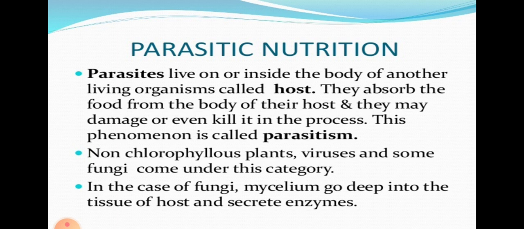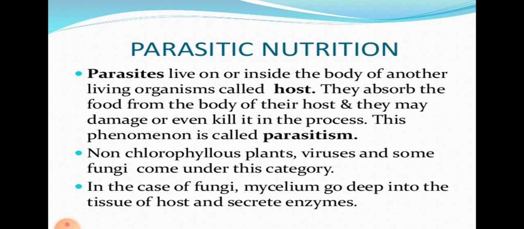Those non-green plants which obtain their food from the living bodies of other plants are called plant parasites, and the living organism from whose body food is obtained is called the host of the parasite.